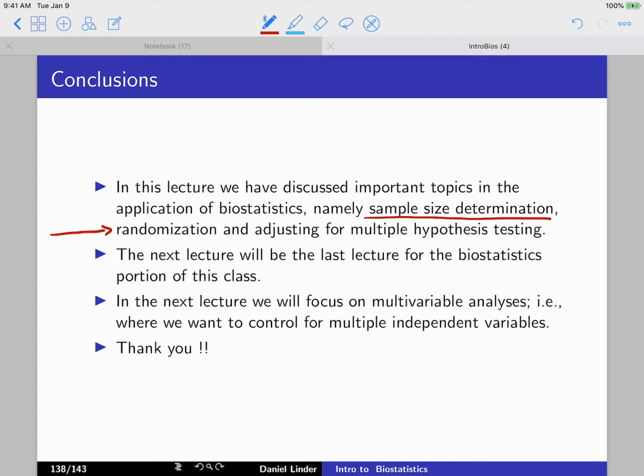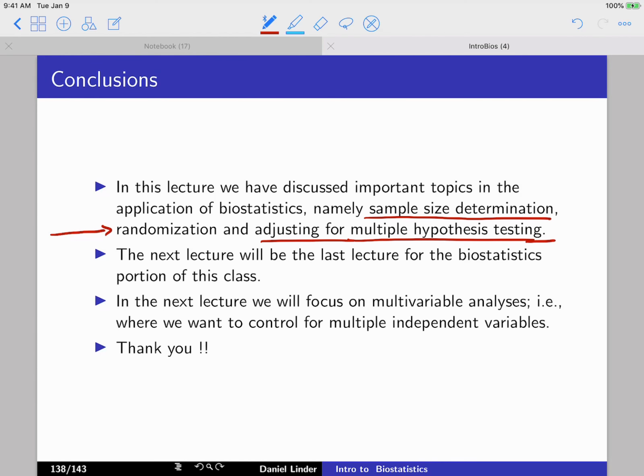The last thing we talked about was adjusting for multiple hypothesis testing. This is probably one of the most neglected topics, and it's a shame because we have so many false positives in the literature, so many false findings that can't be replicated, that people really need to pay attention to this, especially now that we're in the era of big data and you can look at 10 million different associations.